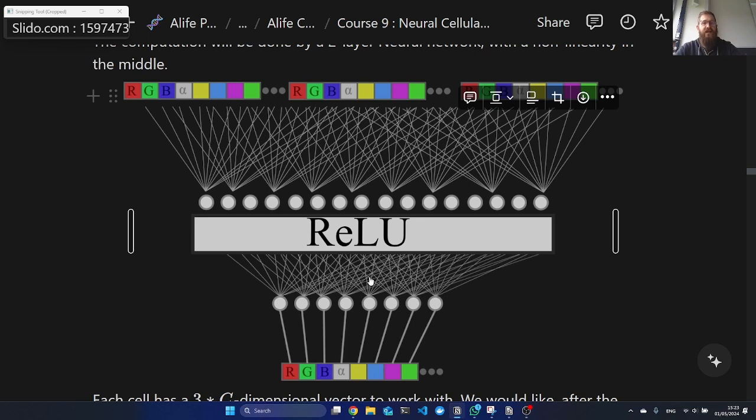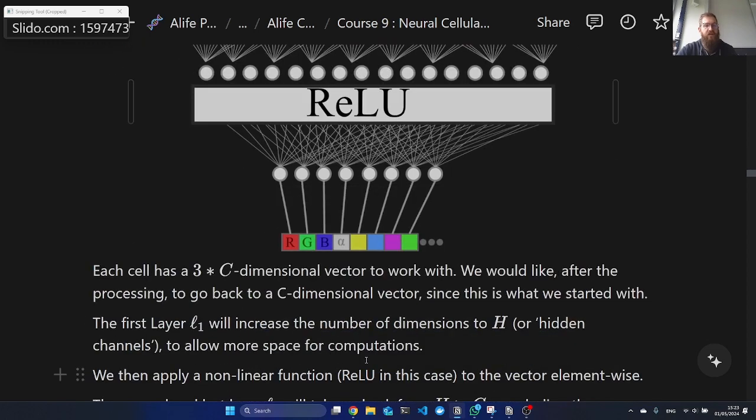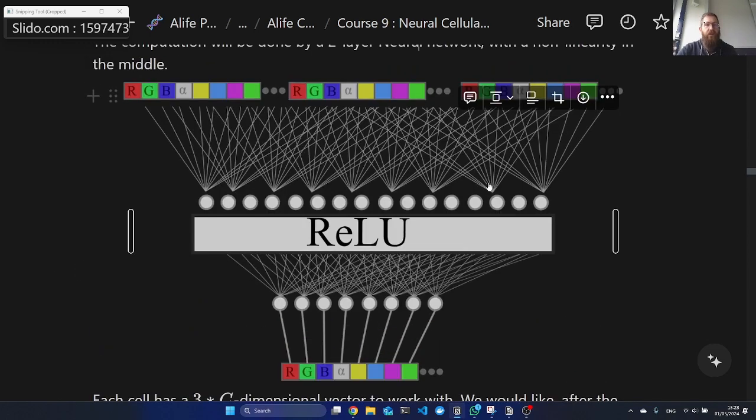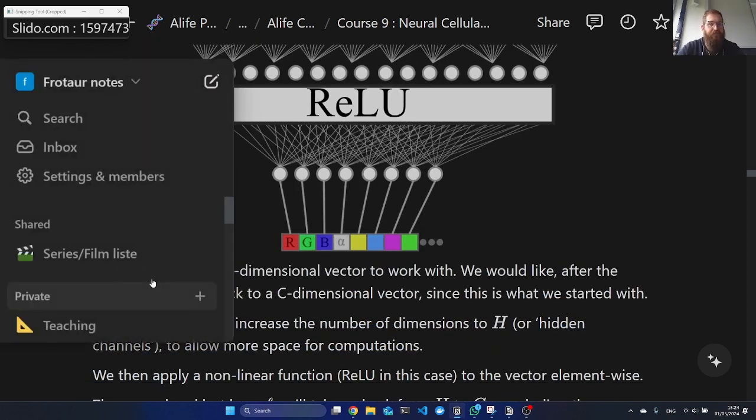Then you feed it into the second layer, which reduces the dimensionality to represent a new state. Here we have a choice of how many neurons we put in that layer, or how many hidden dimensions we want in our hidden layer.